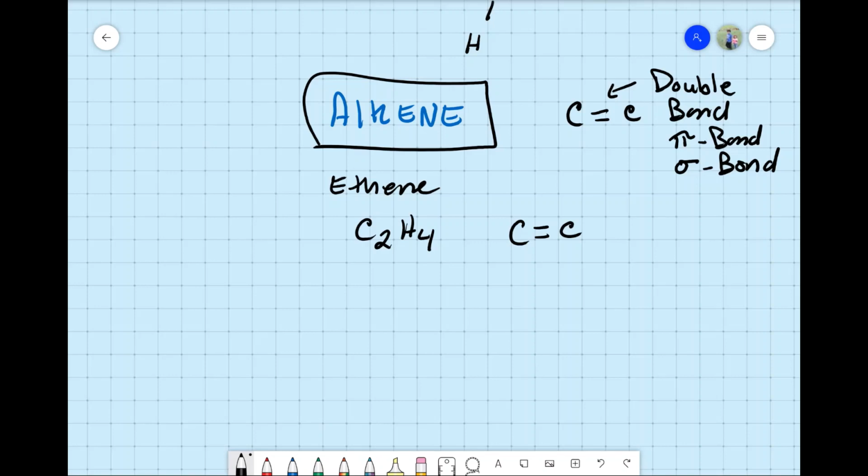So do we fill our orbitals? Yes, we do. We fill it with our friend, the other carbon.